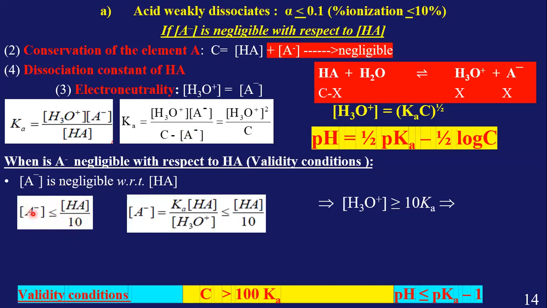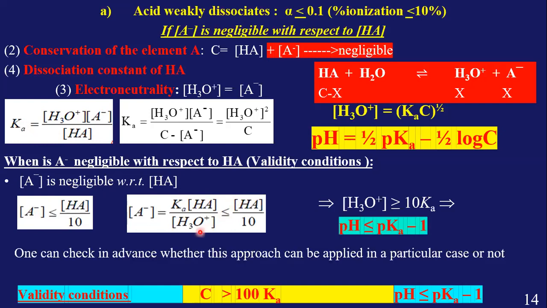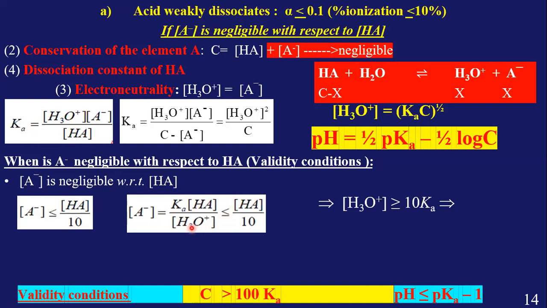Instead of A minus, use the Ka expression and convert it to something with an HA value. So A minus here would be Ka times HA divided by H3O plus. Great. Now, if you notice, HA can be canceled from both sides, and we multiply the H3O plus here, multiply 10 here.